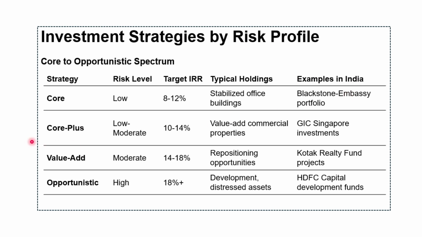Then we have core plus strategies, which add moderate risk for enhanced return of 10 to 14%. These might involve properties that need minor improvements or have some lease expiration risk. So GIC Singapore's investment in India often falls in this category. Then we have value add, which targets around 14 to 18% return by taking moderate risk through repositioning opportunities.